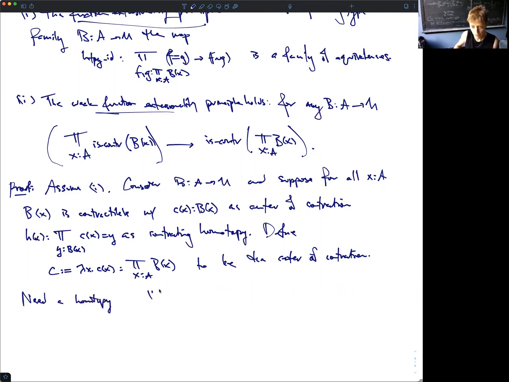What the contracting homotopy would look like is for all f, terms in this type, I would need an identification between my C, which I've just defined, and f.